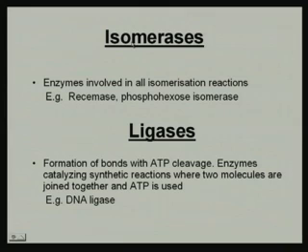Coming to isomerase, any type of isomerization reaction is carried out by this group of enzyme. Say, for example, racemase is one example. Phosphohexose isomerase is another example which belongs to this particular group of enzyme.